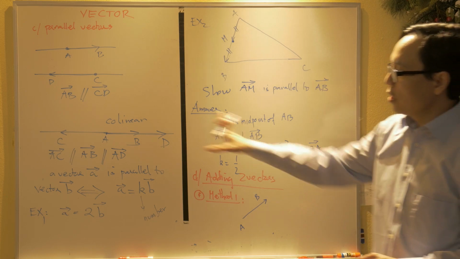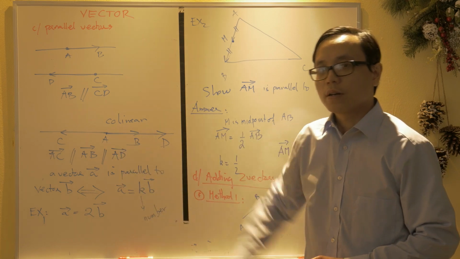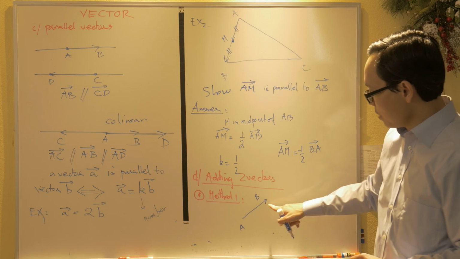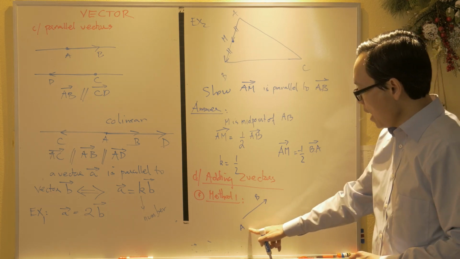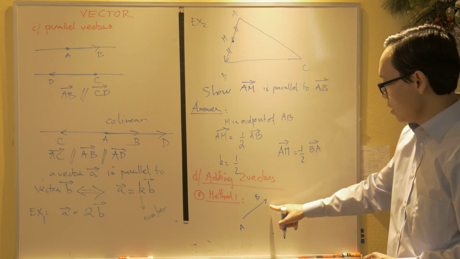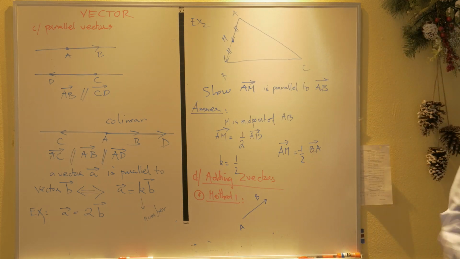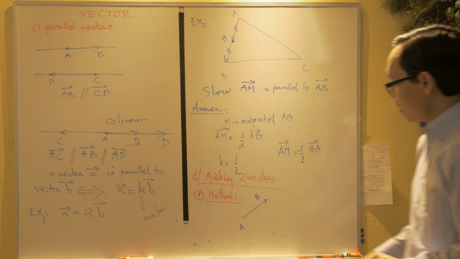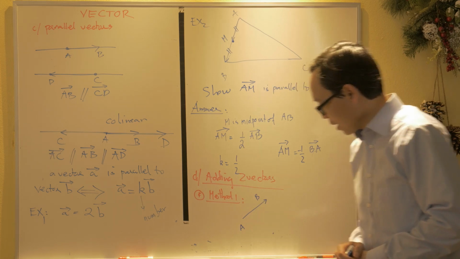I should have put it in the second part of the lecture, but I forgot. So remember, B is called the terminal point, A is called the initial point, A is the tail of the vector, and B is the head of the vector.